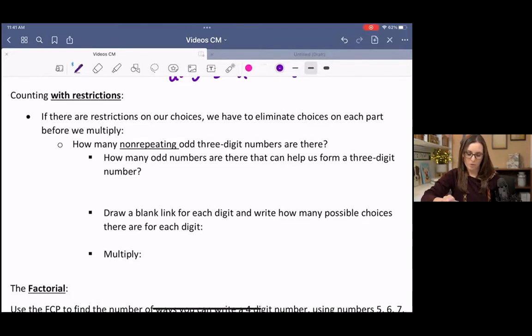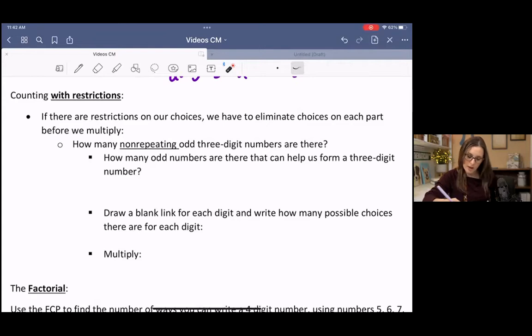So the digits cannot repeat, which puts restrictions on our options. And it also needs to be an odd number. For something to be an odd number, that means that the last digit is odd. And so that's going to decide my other choices, because if the last digit is odd and it's non-repeating, then that means that the first 2 digits cannot be odd.